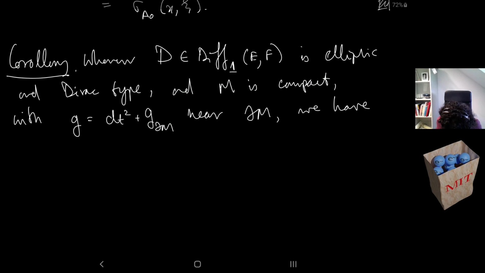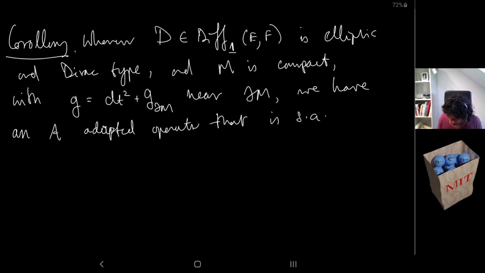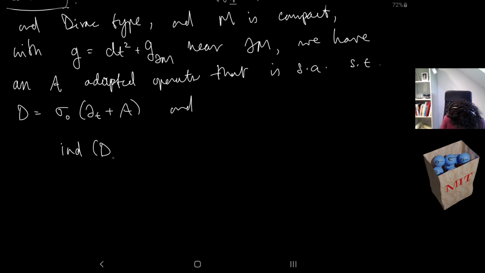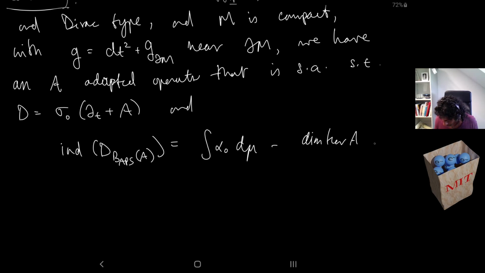So we have this near the boundary, we have an adapted operator A that is self-adjoint such that D equals sigma naught dt plus A, and the index of D, the APS with respect to this A, is precisely equal to, I'll write this a little bit more carefully in the lecture notes, the integral of the index density, minus the dimension of the kernel of this A, plus the eta invariant of A divided by 2.